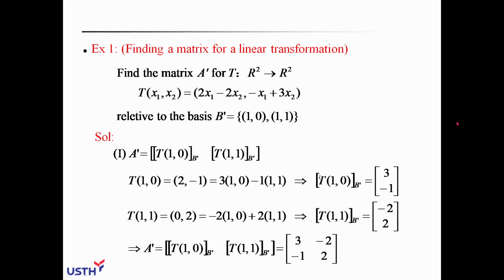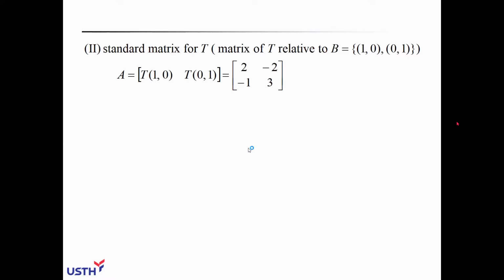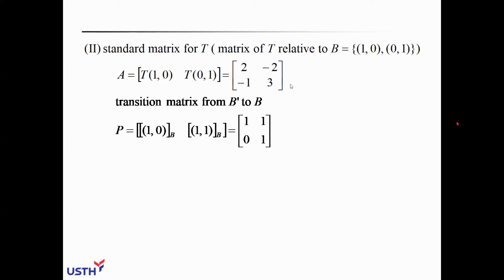So that is the first method to find A prime. But the second method will use what we expressed in the previous slide. First, the standard matrix for T is already known. T of that equals that one. And then the transition matrix from B prime to B to be that. That is the way we define the transition matrix from B prime to B. It is that one.